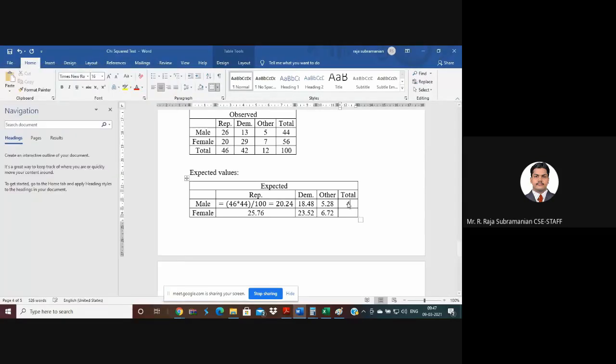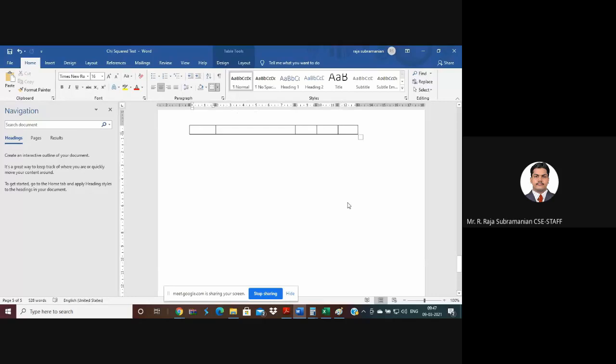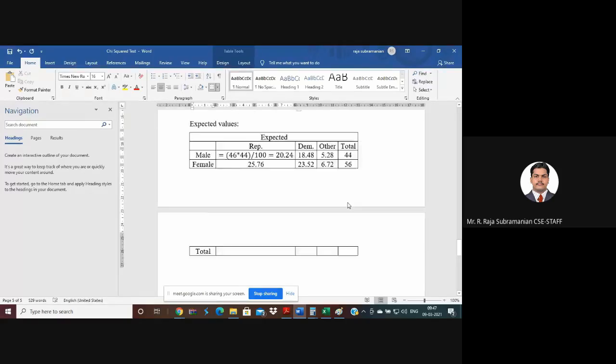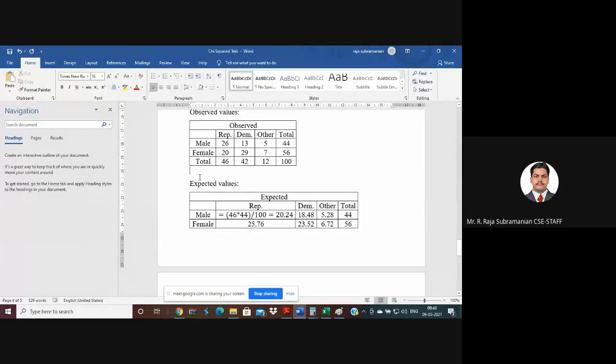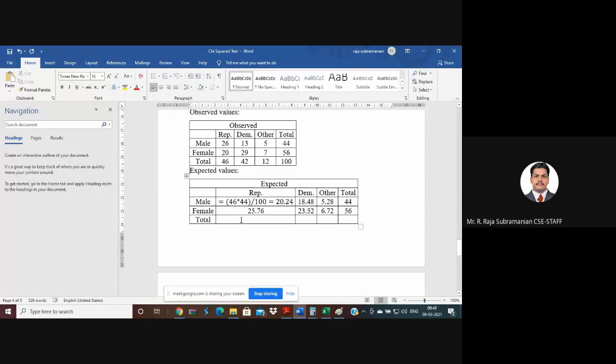Exactly, great. And what is this? It's 56. And in this total, 20 plus 25, 45. I think approximately 46 will come. Here 18 plus 23, 42. And here 12. So it is 100 again. This is the case. Quickly, if we perform, we can get the particular values, right?